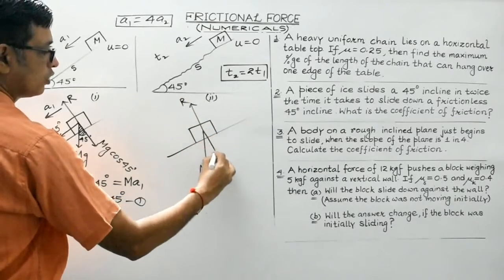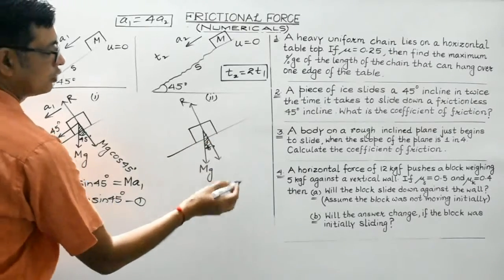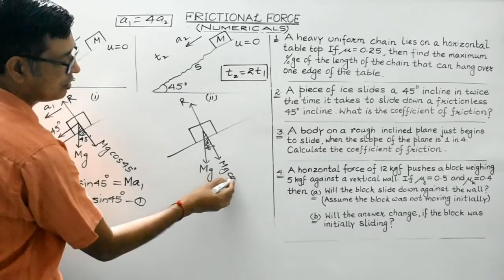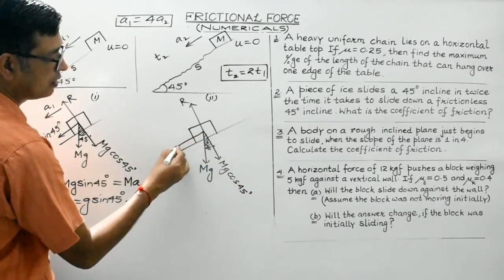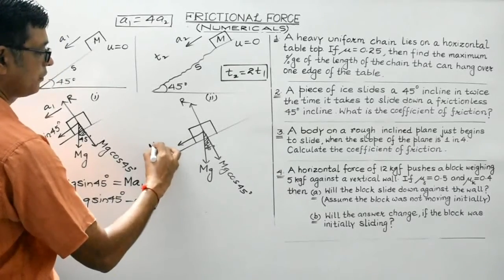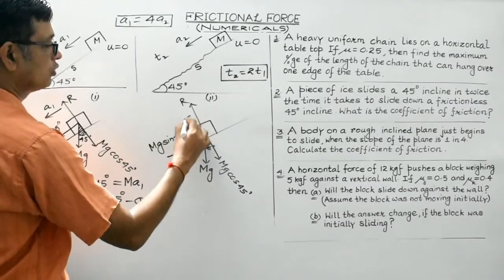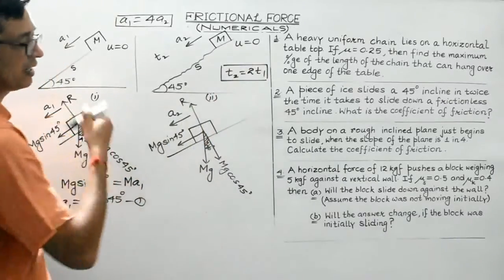Now mg can be resolved into two components. This angle would be 45 degree. So this component would be mg cos 45 degree, while the other component would be mg sin 45 degree. So it will tend to get accelerated along this direction, down the inclined plane.